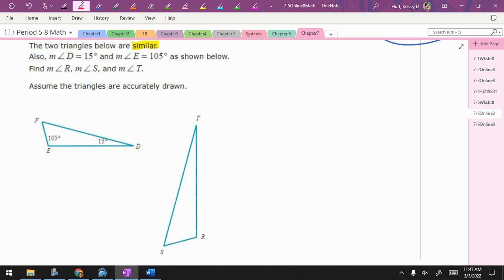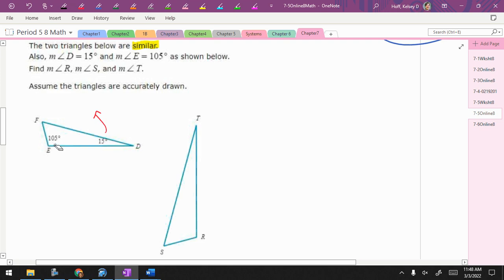Jacob? All you have to do is take the original and rotate it 90 degrees counterclockwise. Okay. And then it'll back up so that you would match R, U, S. Very good. We need to rotate that counterclockwise, and then our angles are going to match up.